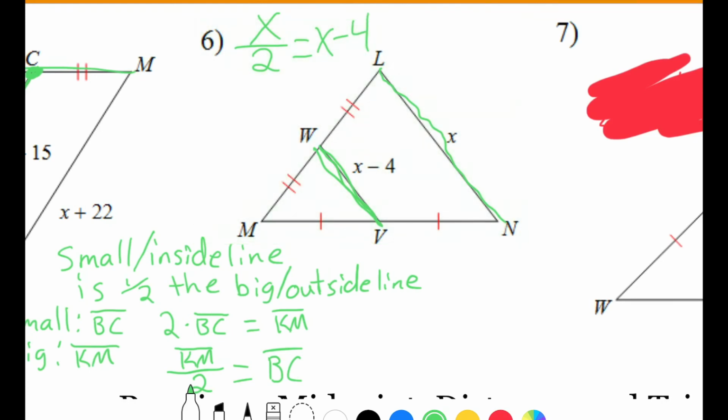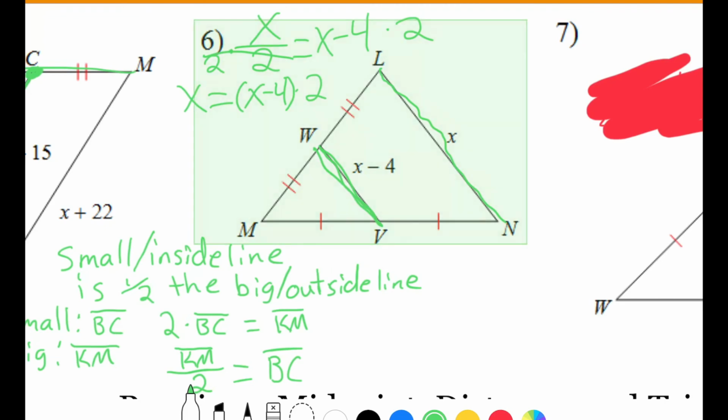To get x by itself on this left side, I'm going to multiply by 2 on both sides. x equals x minus 4 times 2. Then I get x equals 2x minus 8.